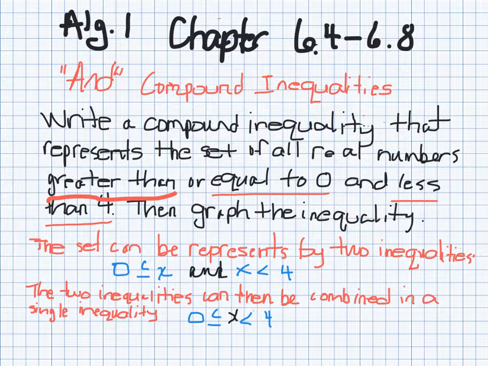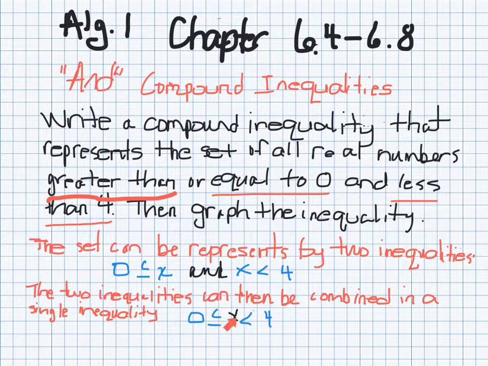You have one set here and one set on the other side, so that's why the "and." It could be numbers in one set and numbers from another set. So here the set can be represented by two inequalities: 0 is less than or equal to x, and x is less than 4. That's what it was talking about here.